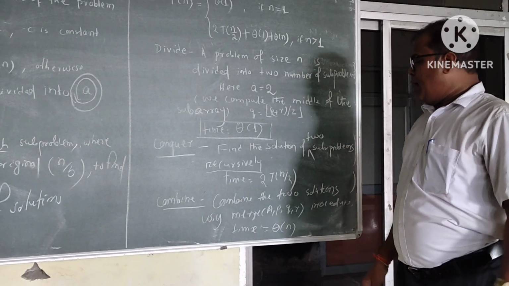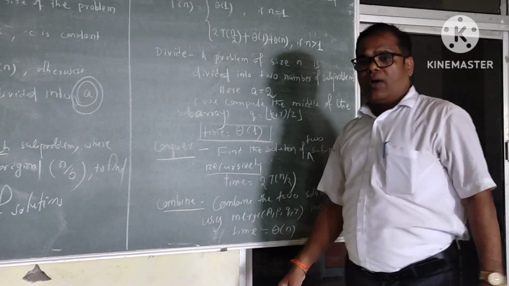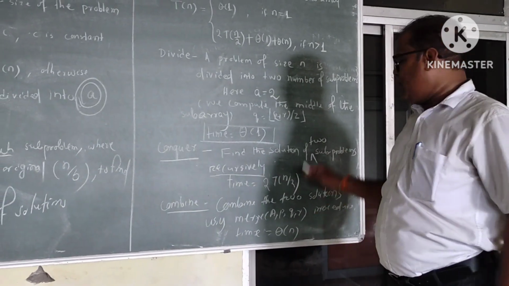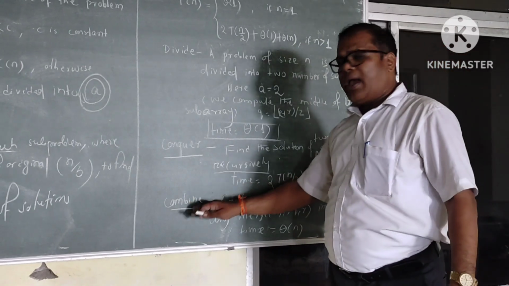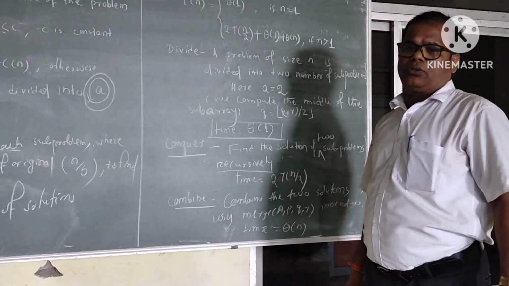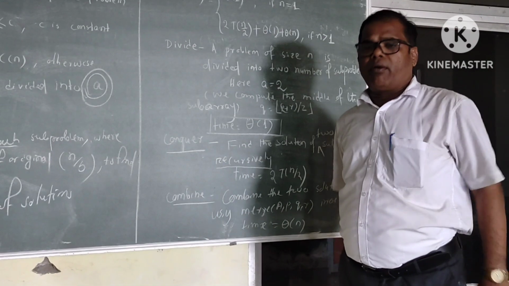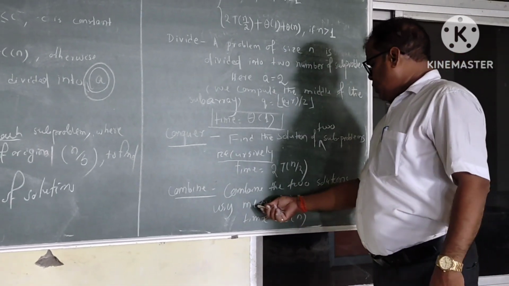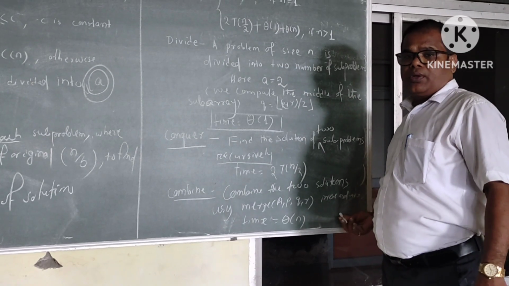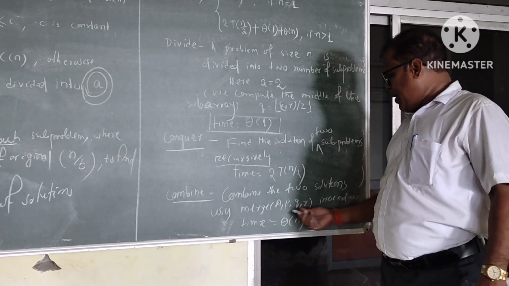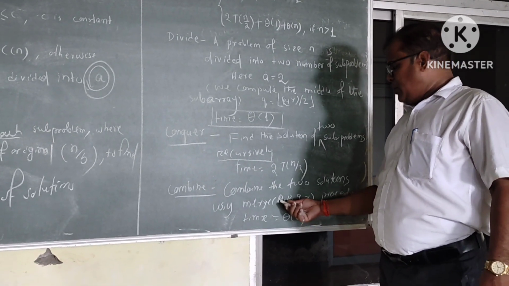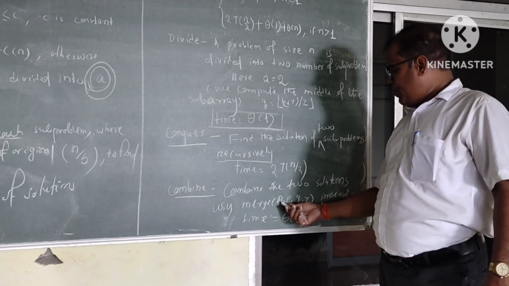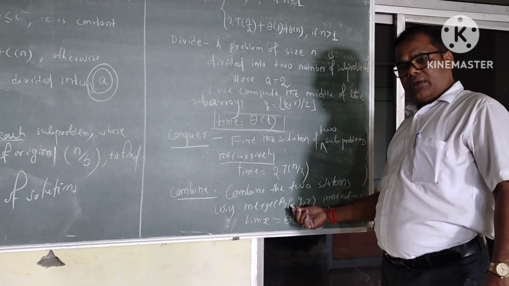Now the most important fact: once we find the solution of each subproblem, we are going to combine each solution to find the solution of the problem. So what we did here is combine two solutions using the merge procedure. Merge has 4 parameters. A is the array of the problem. P is the begin index of the subarray.